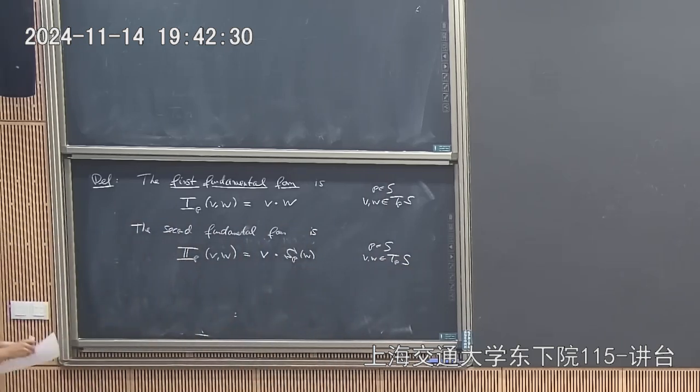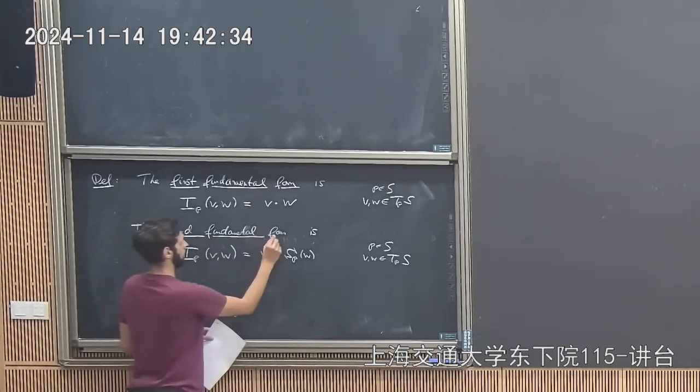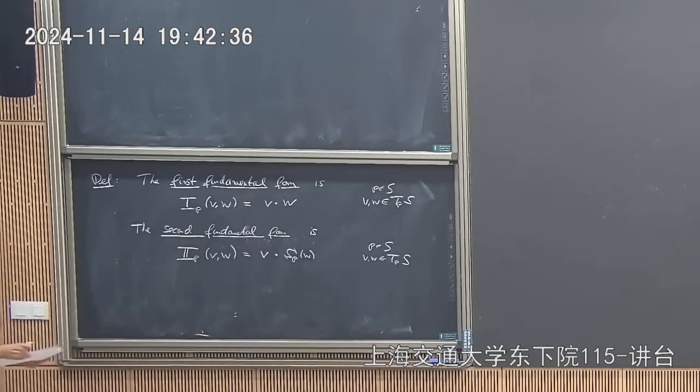So both of these fundamental forms take two vectors and give you a number.